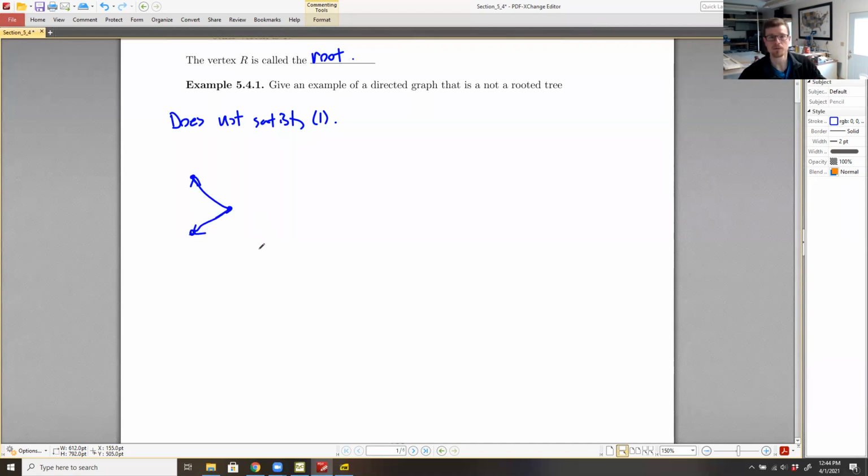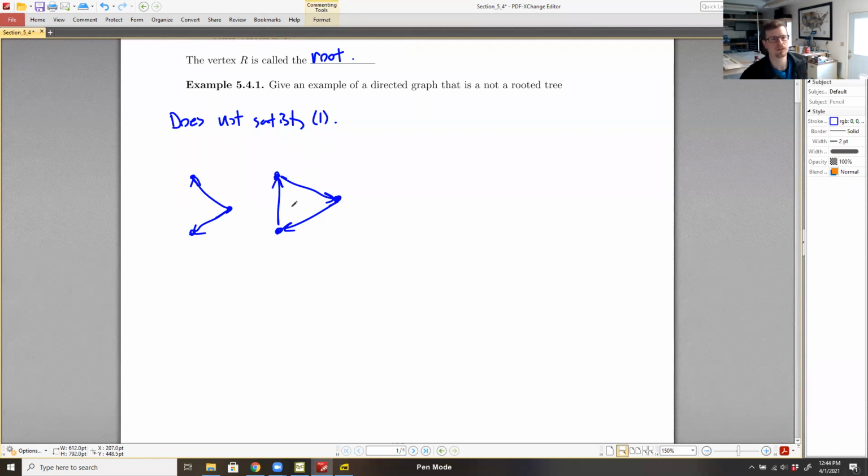But I also want to do it in such a way that the second part is satisfied. So I want the in degree of all vertices to be 1, except for one specific vertex, which has in degree 0.